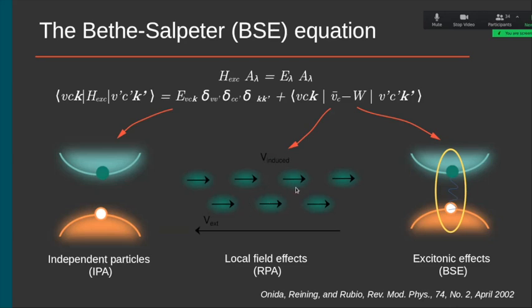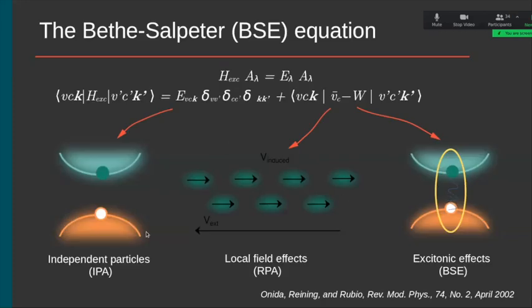That is, these effects are given by the fact that when we apply an external field, the system will react and will induce a field that, in the case of inhomogeneous and also quite polarizable systems, could be important and will give contributions. And finally, we have the screened Coulomb interaction that accounts for the interaction between the electron and the hole.